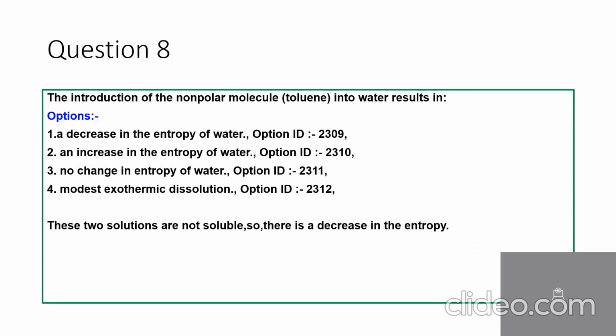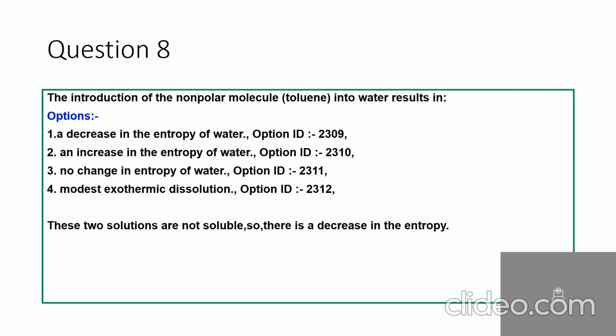The introduction of a nonpolar molecule into water results in, as they are not soluble in water, because toluene sometimes will be in a solid form, and when we expose it to room temperature, it will form into a liquid. So it won't form any type of solubility in the water.